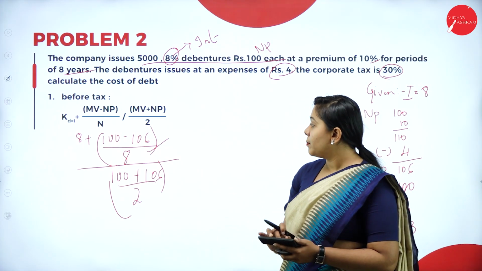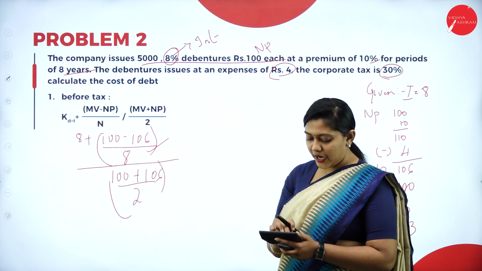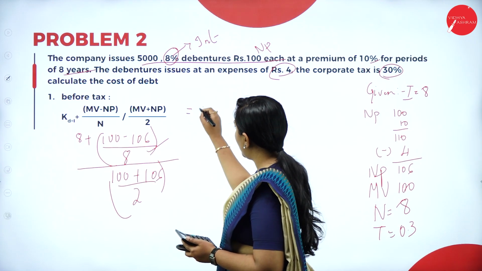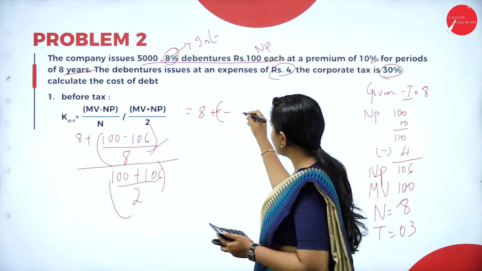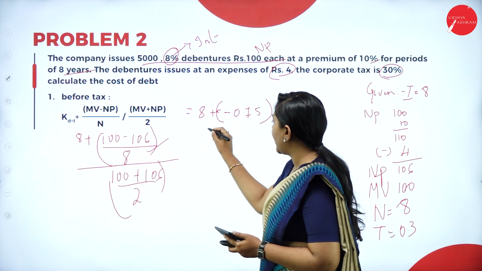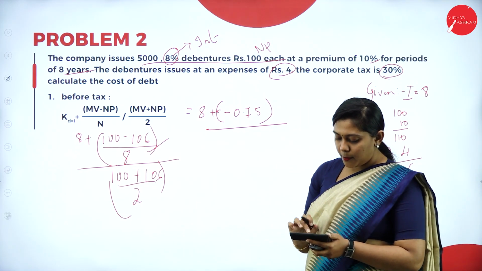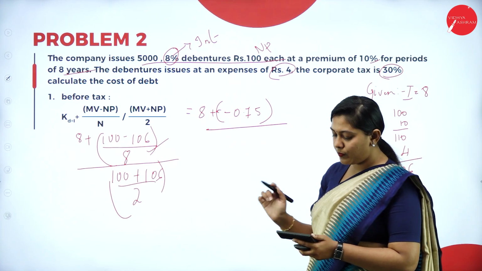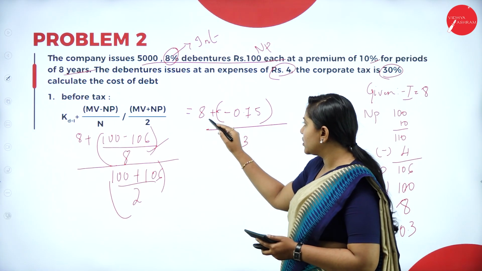100 minus 106, minus 6 divided by 8, it will be minus 0.75. Divided by, let's solve this bracket now, 100 plus 106 divided by 2, it is 103. So now subtract or add with the interest.